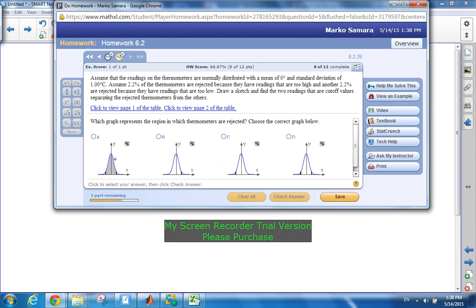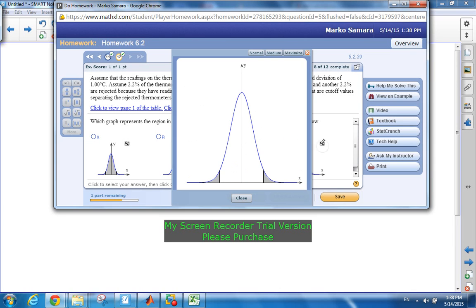Okay, and it also says in the problem, so we actually first need to determine what picture corresponds to this problem. So what region describes the probability of bad thermometers? That means too high or too low. Well, since it's too high and too low, it's two-sided.